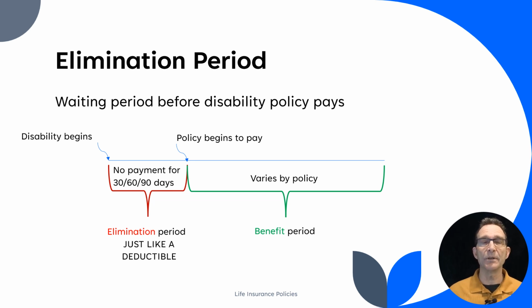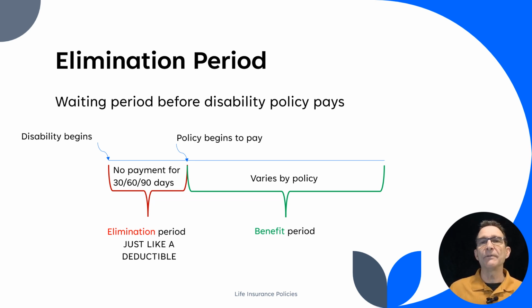You see here an example of 30, 60, or 90 days are pretty common. So that is a period of time after your disability begins where you do not yet receive those disability benefits. So that's why I said before it's really exactly like a deductible. It's a period of time where you have to pay whatever expenses you have on your own.